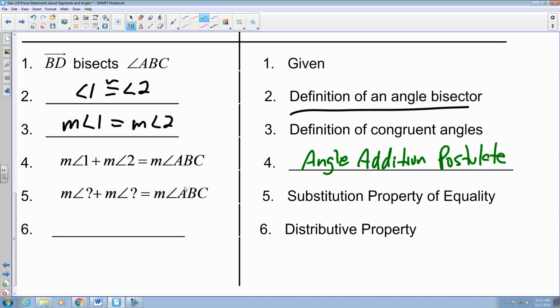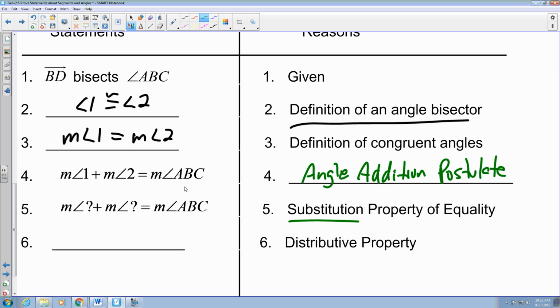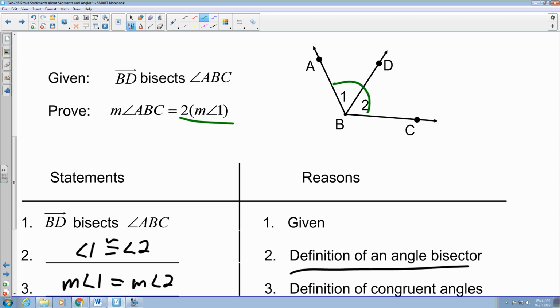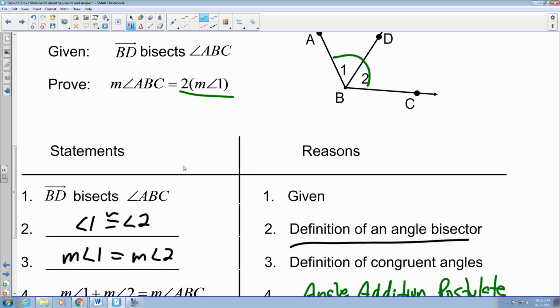Next, we have two question marks. We have measurement of angle ? plus measurement of angle ? equals angle ABC, and it's from substitution. So again, what we're trying to do here is get twice the measurement of angle 1.